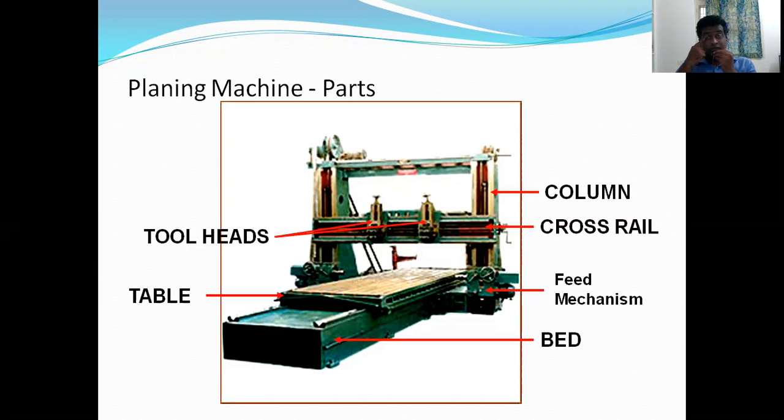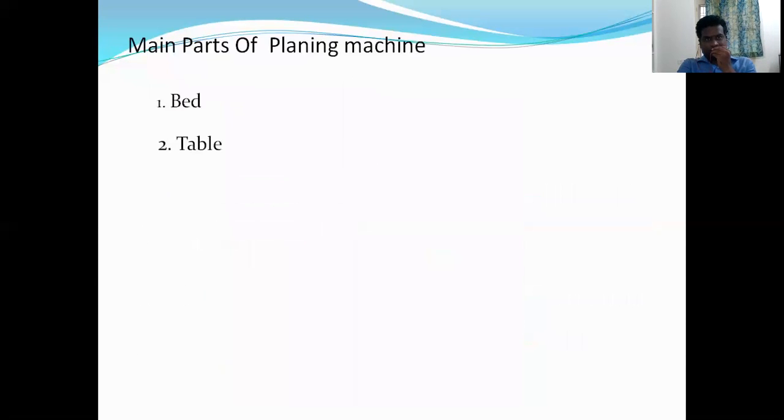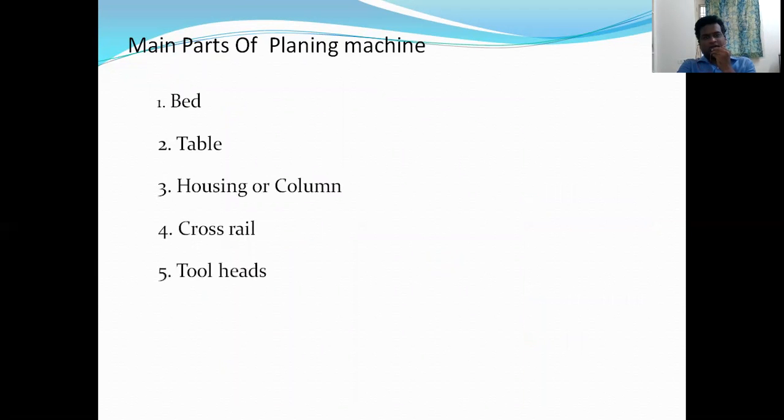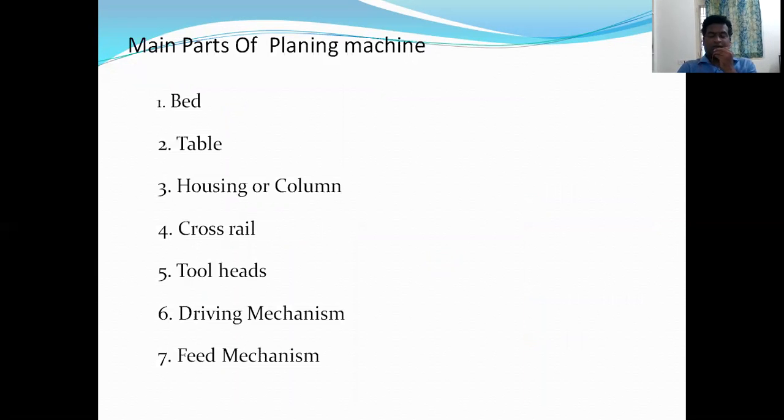These are the main parts of the planing machine. The bed and the table, housing or column, cross rail, tool heads, driving mechanisms, and the feed mechanism.